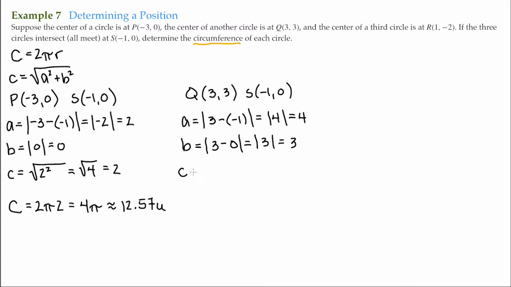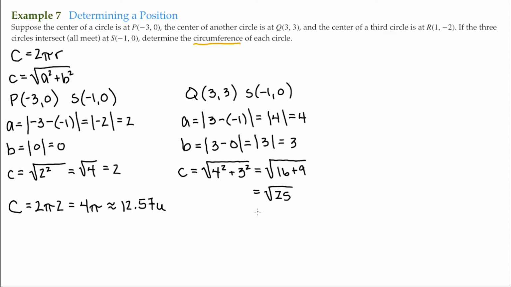So then C is equal to the square root of a squared plus b squared. A is 4 squared. B is then 3, so this becomes 3 squared. This is the square root of 16 plus 9. That's equal to the square root of 25.